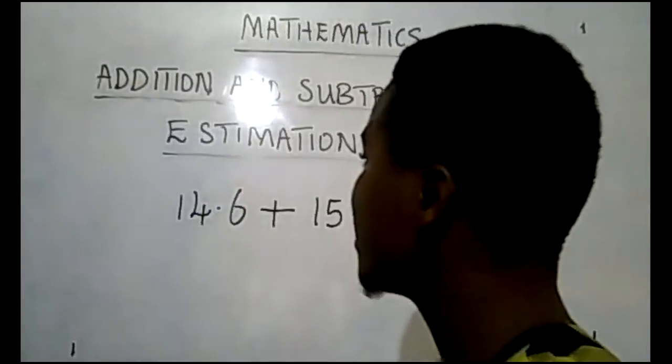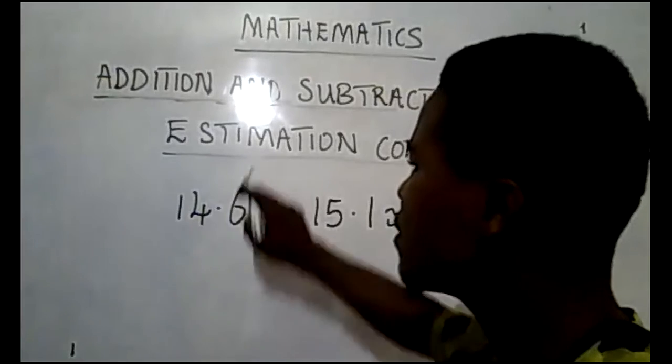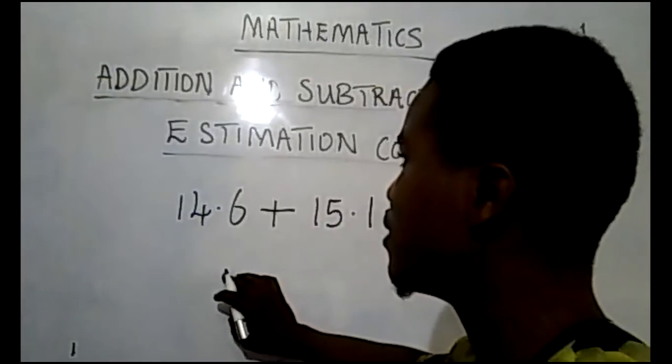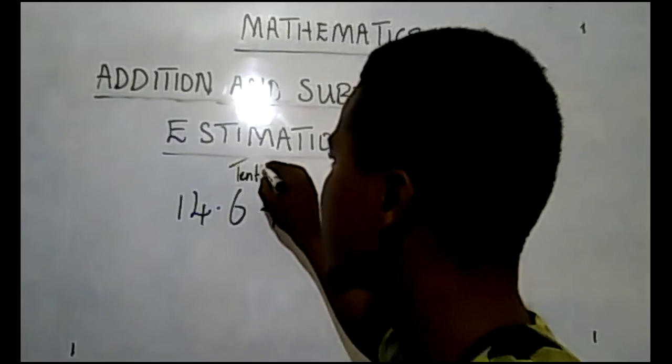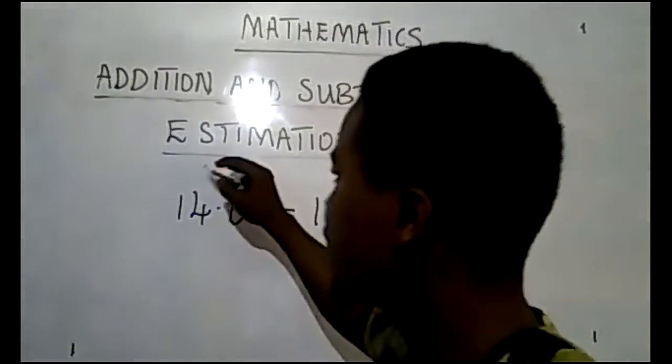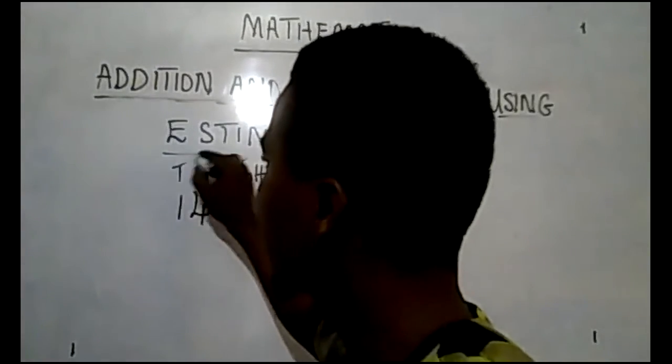Then how do you convert this 14.6 to the nearest whole number? You convert it by saying, what figure do we have in the 10th place? Do not forget that this 6 is the number in the 10th place. And this is our unit. And this is our 10.